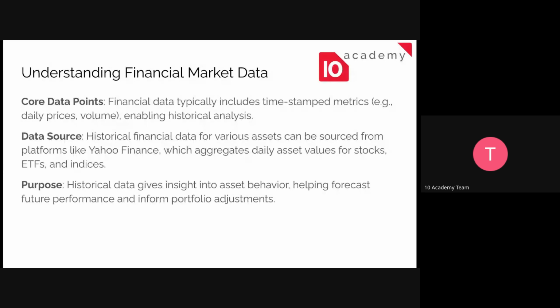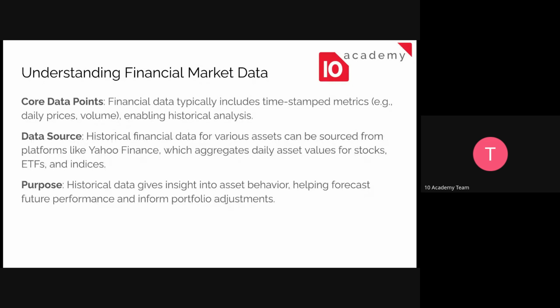Financial data such as stock data, like the one you're gonna be working on this week, typically include timestamped metrics. It could be daily price, volume, and so on. Having this time series type of timestamp data will help us a lot to analyze the historical data of the analysis.